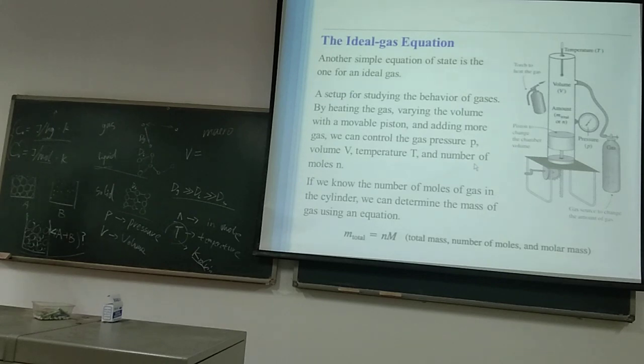Then we put more attention on the gas, the ideal gas. First, from the beginning, we study the gas according to an experiment, the setup for studying the behavior of gas, which has variable volume, variable pressure and variable temperature.